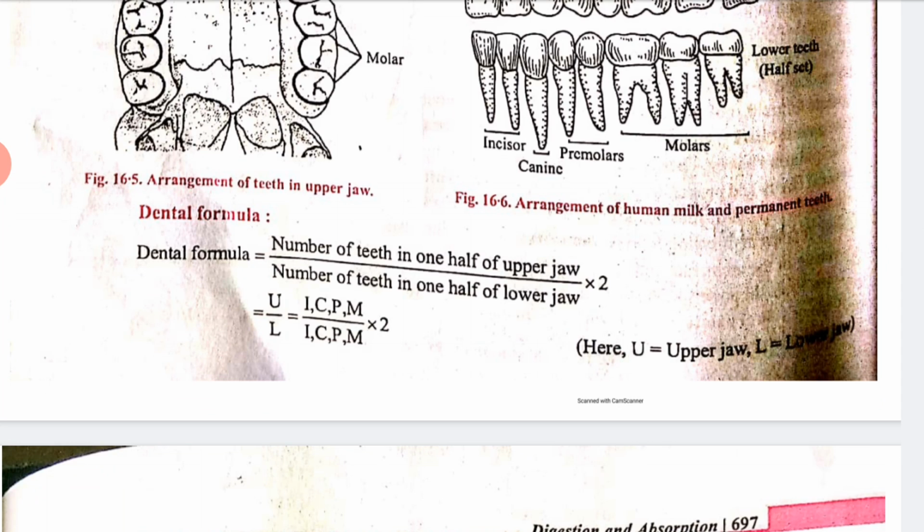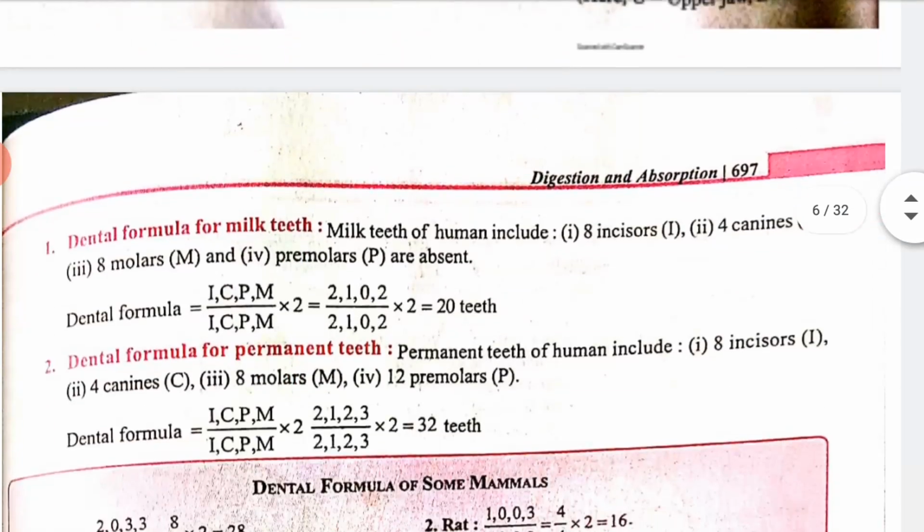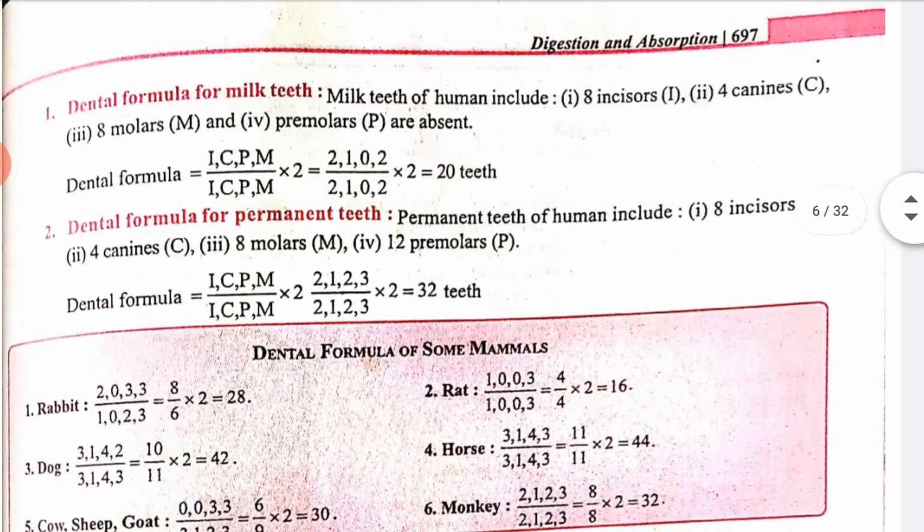So U upon L equals I (incisors), C (canines), P (premolars) and M (molars), multiplied by 2. So this is the formula, and according to it we have milk teeth as well as permanent teeth.